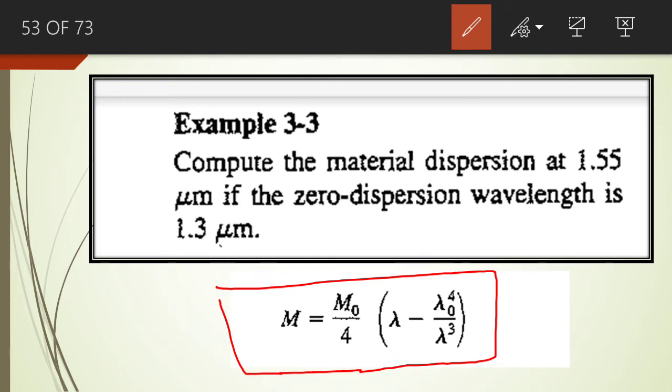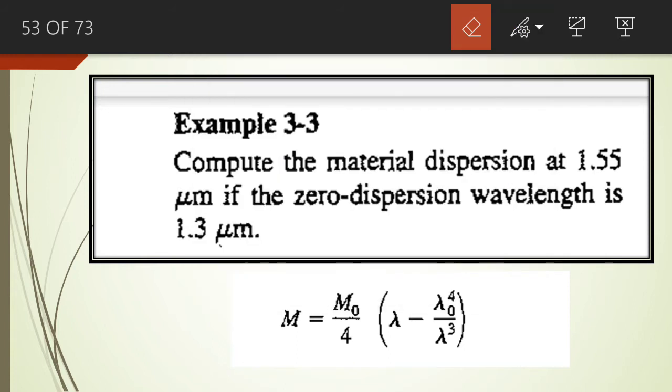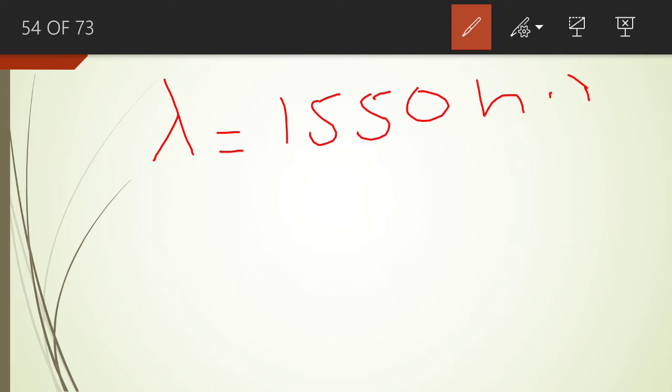So lambda in this particular case is 1550 nanometer.